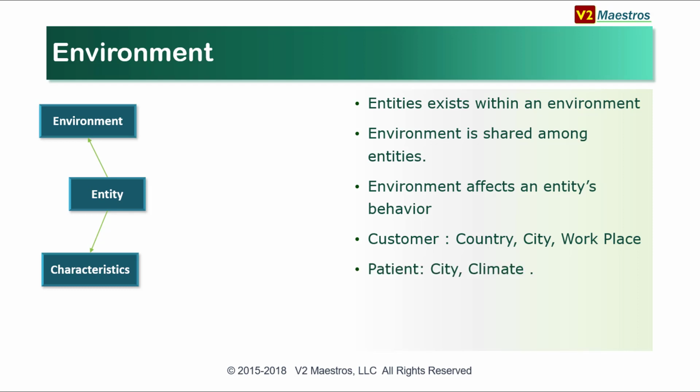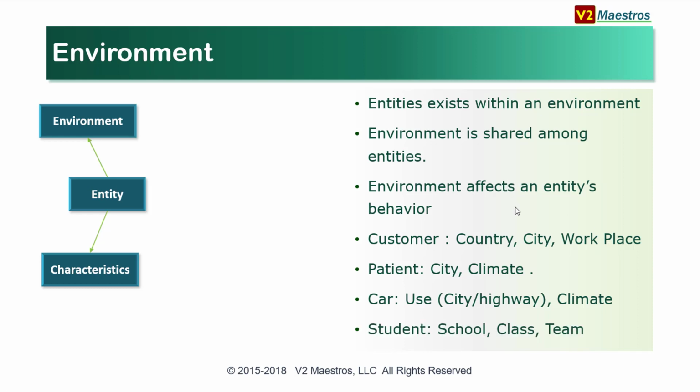For a patient, it is the city they live in and the climate of that place. For cars, it is the type of use, whether it is mostly city or highway driving, and also the climate in which they are used. For a student, it is the school, class, or team they are a part of.